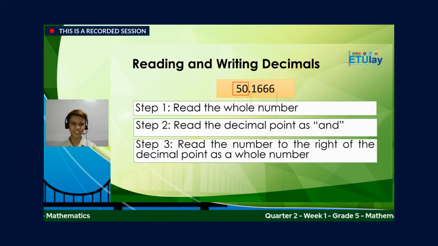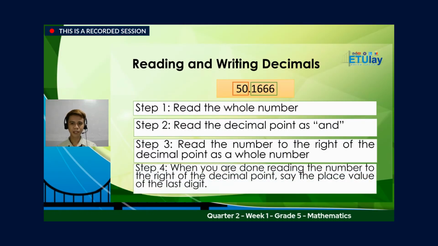1,666. Very good. Step number 4, or our last step in reading decimals. Step number 4, when you are done reading the number to the right of the decimal point, say the place value of the last digit. So ang last digit natin sa number na ito ay yung pangatlong 6.